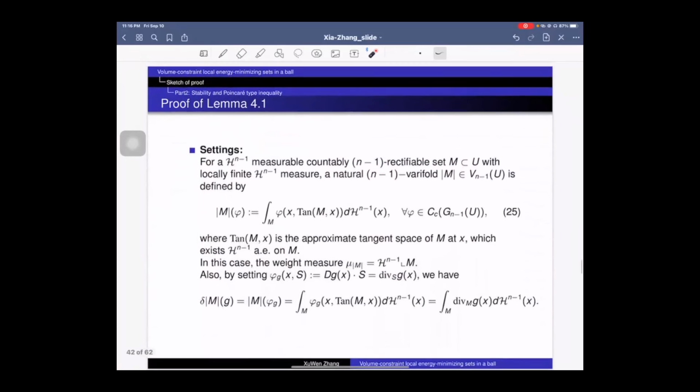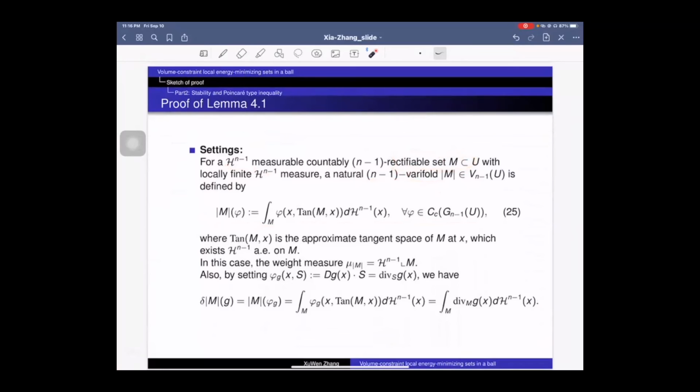And for the boundary balls, first we notice that for an H^{n-1} measurable countably n-1 rectifiable set M, we can define a natural n-1 varifold with respect to this rectifiable set M, and it is defined by this formula.